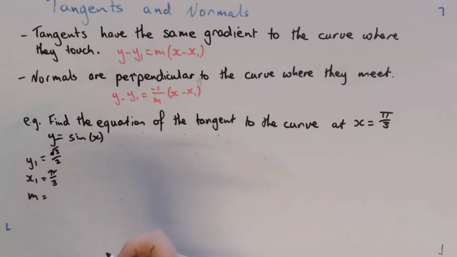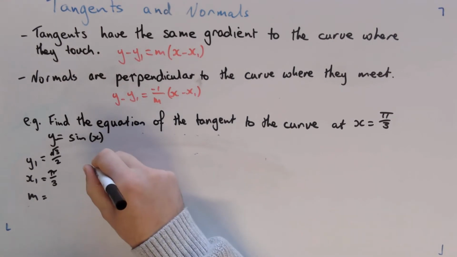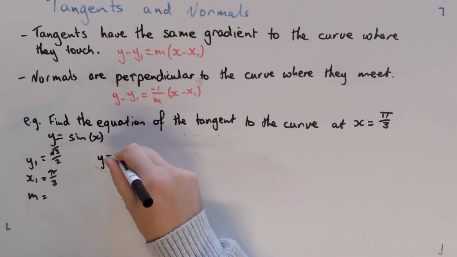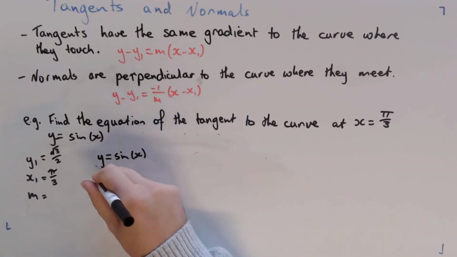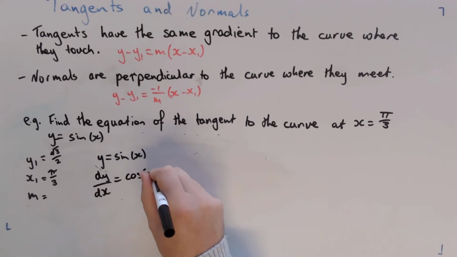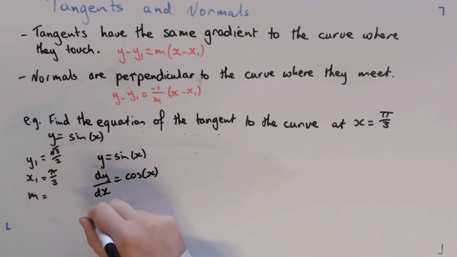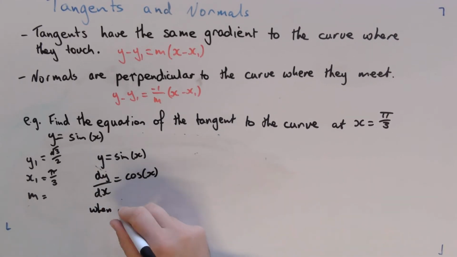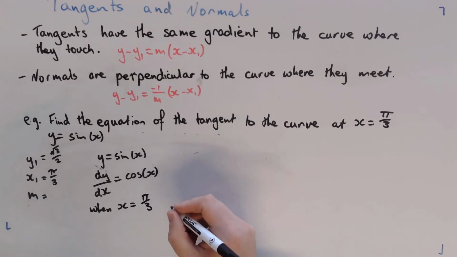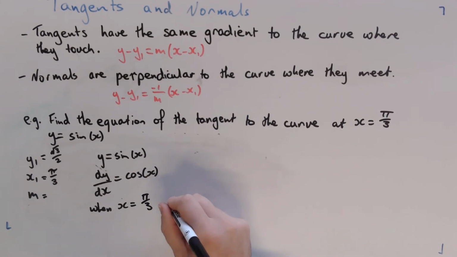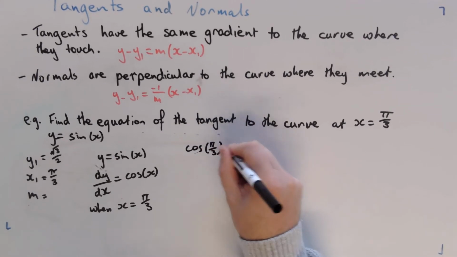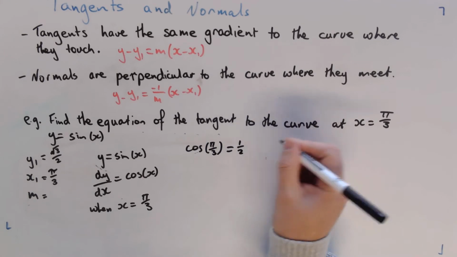We need to remember that if we've got y equals sine of x, then dy dx equals cos of x, and when x equals pi on 3, we get cos of pi on 3 equaling 1/2. And that's our m value.